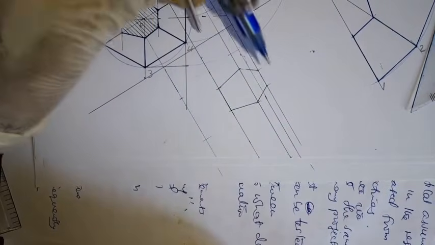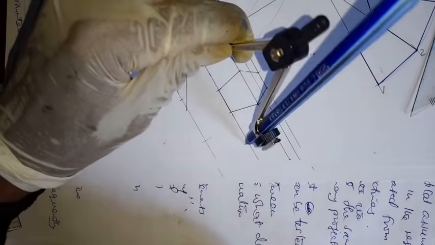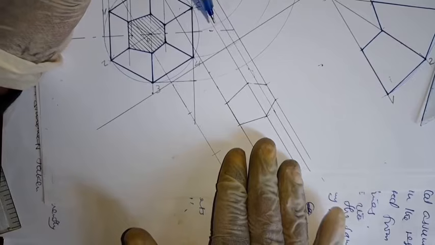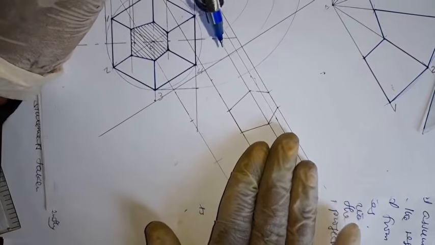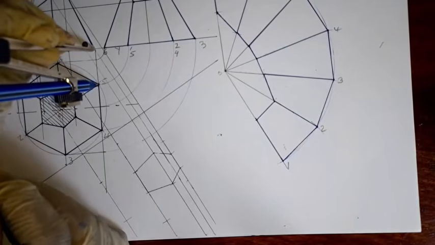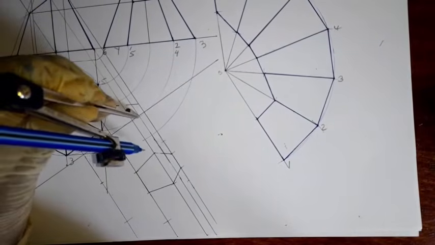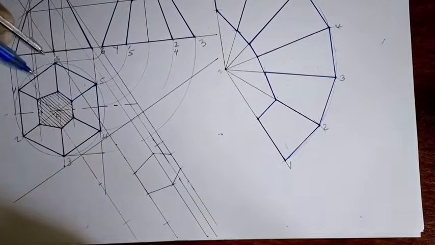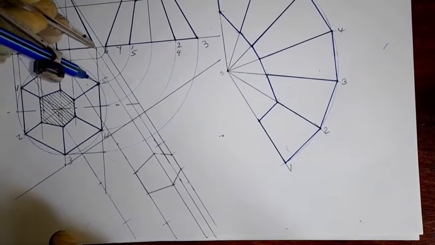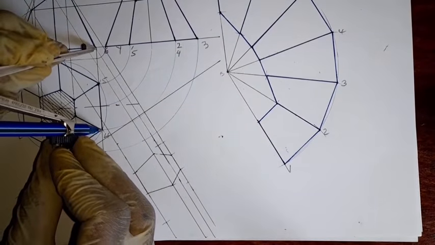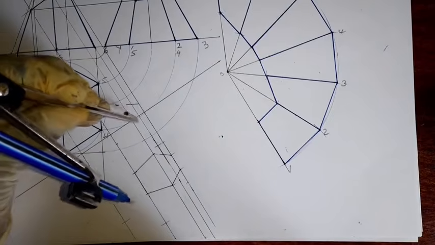Okay, 3. Next is 5 and 4. We come with it at 5 here. We cut. The next is 4. Come with it here.